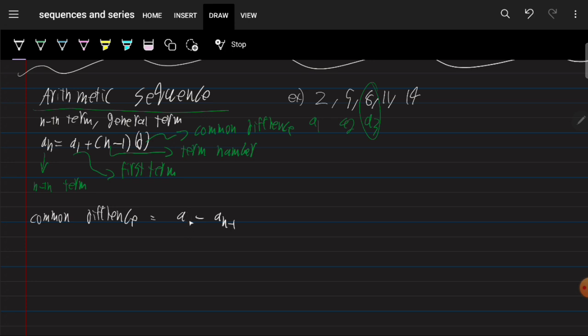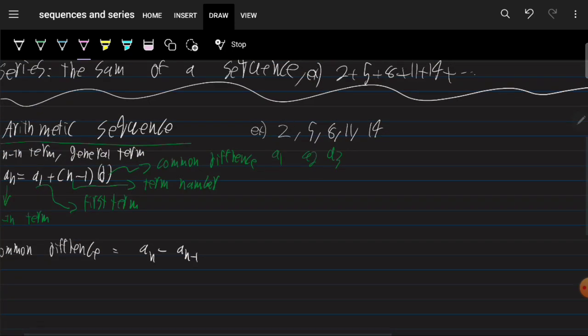So this is the general mathematical way of saying take any number, subtract the previous number. For example, we already know that the common difference in this sequence is 3, right? Because we have to add 3 every time to go to the next number. And the common difference is defined as that number.